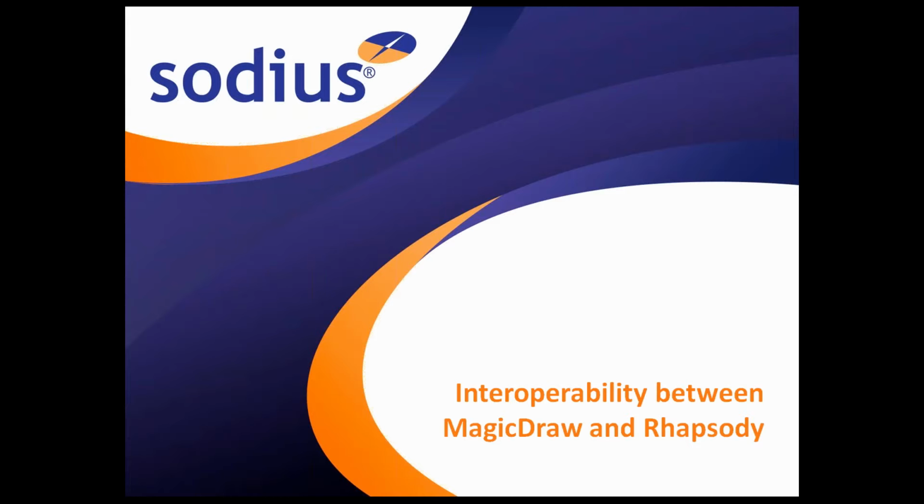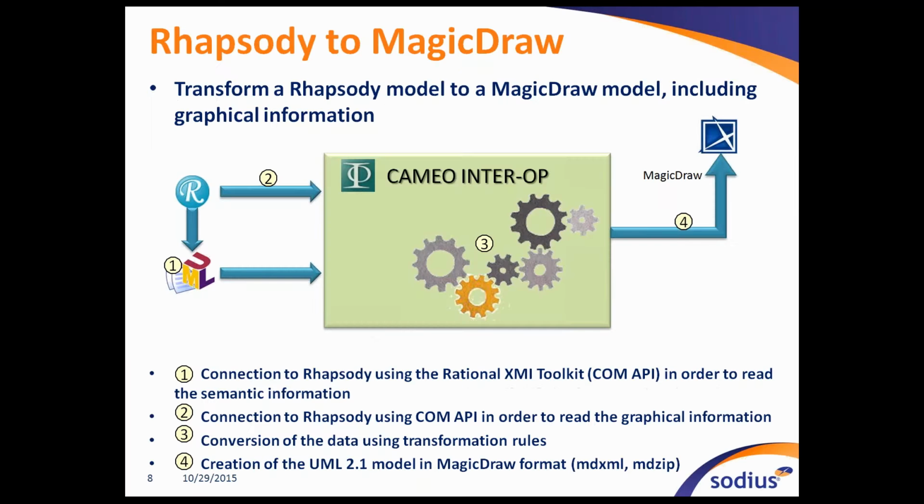So now let's focus on the interoperability between MagicDraw and Rhapsody. The transformation from Rhapsody to MagicDraw will transform a Rhapsody model to a MagicDraw model, including the graphical information. What we do when we transform from Rhapsody to MagicDraw is connect to Rhapsody using the Rational XMI toolkit, which uses the COM API, in order to read the semantic information.